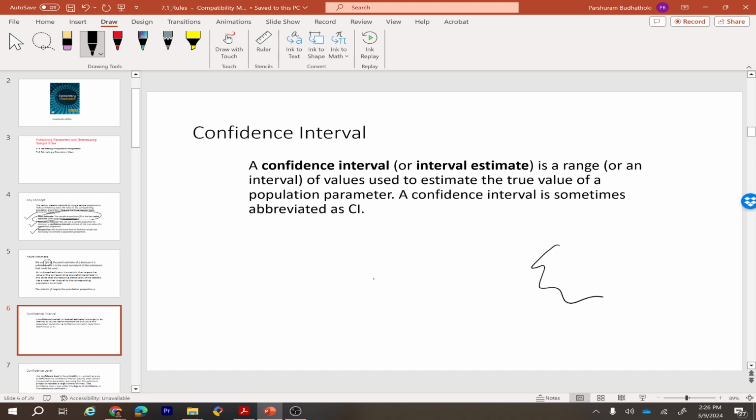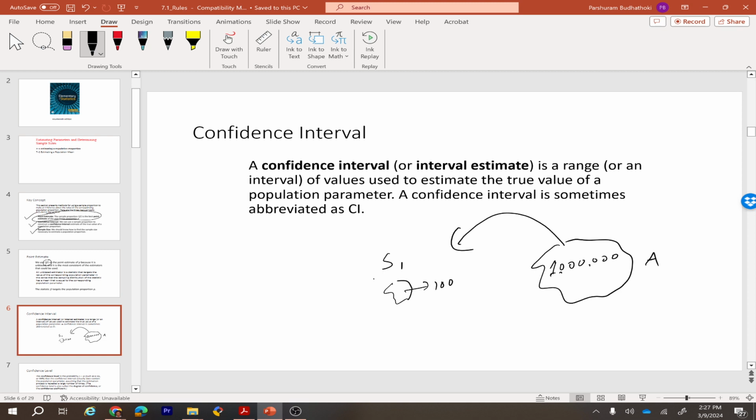I'm going to give you one example. For example, let's say there is a city A, and in this city there are 1 million people, and we would like to estimate about this population. So we take one sample from here and find the proportion from that sample. Let's say a sample of size 100.